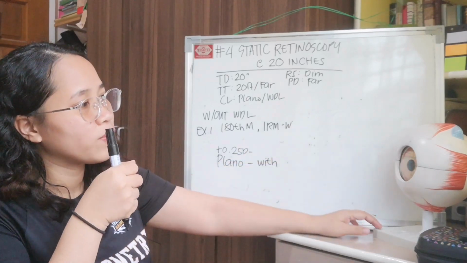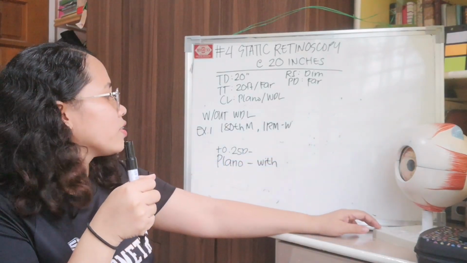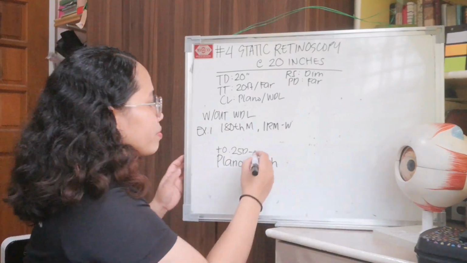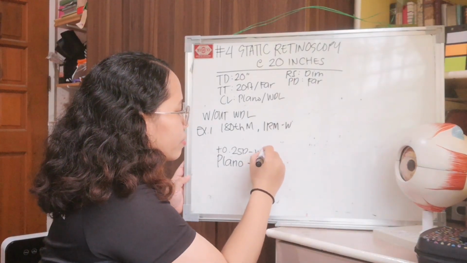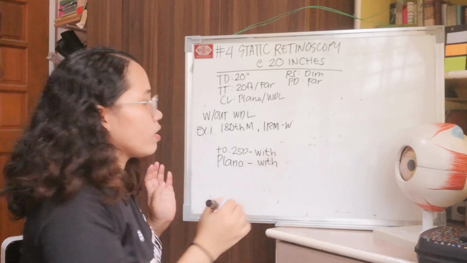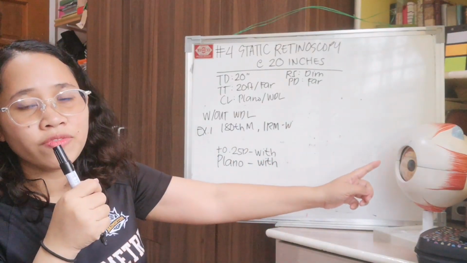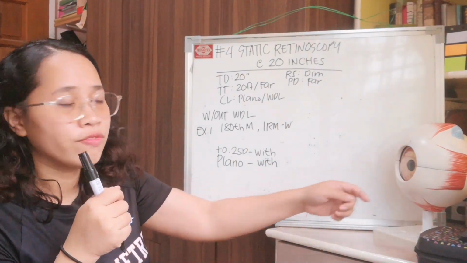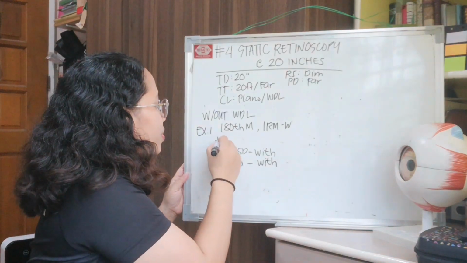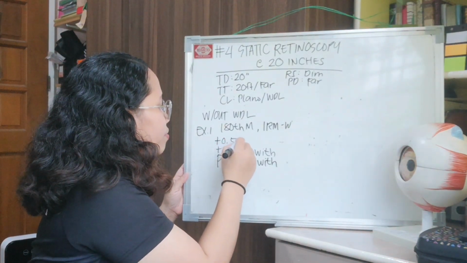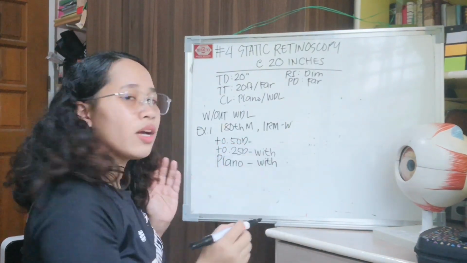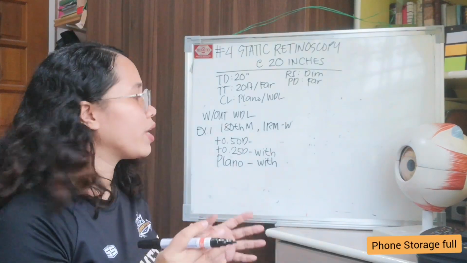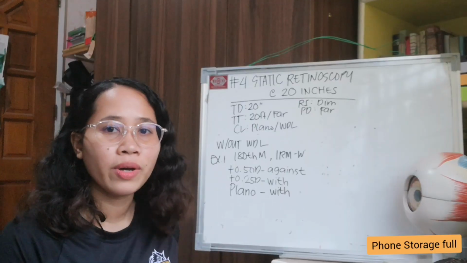You check again the movement. So it's still with. So you increase from plus 25 to plus 50 diopters. And now, the movement, we will have a recap for a while.